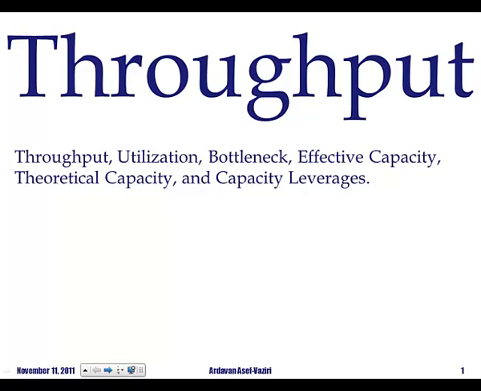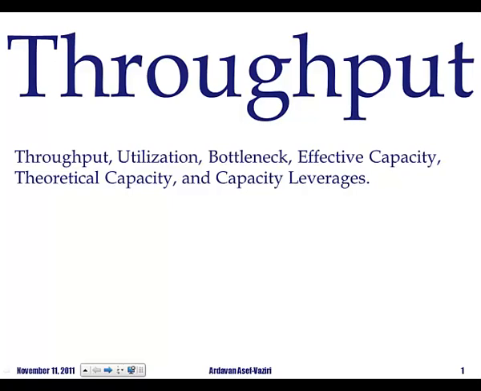This talk can be considered as continuation of our discussion on capacity. In my previous discussion here and there I said we cannot produce at 100% capacity. Throughput, which is what we actually produce, is usually less than capacity.